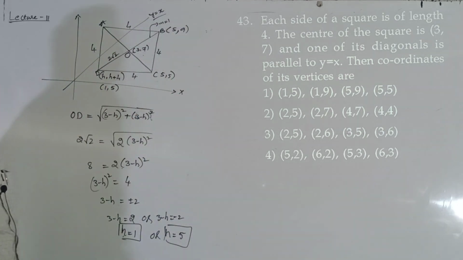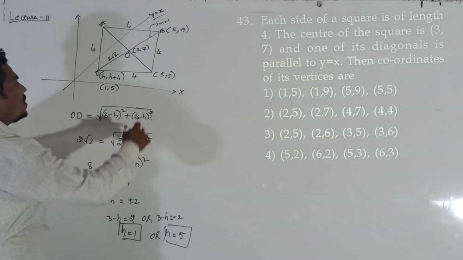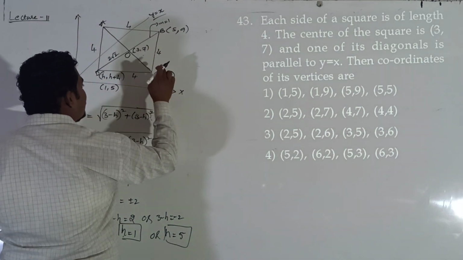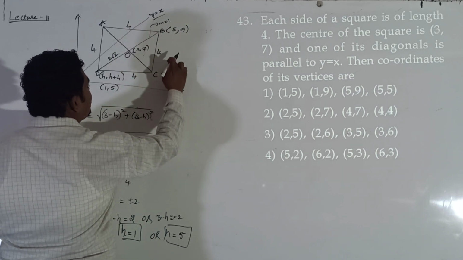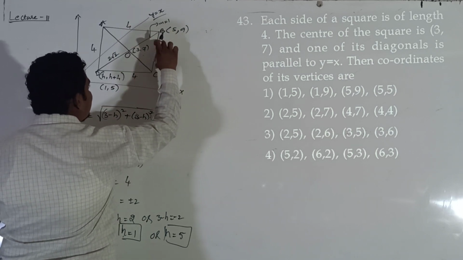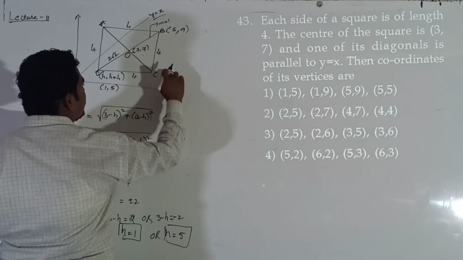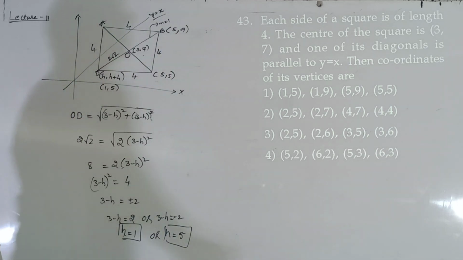And line BC is parallel to the y axis. Once it is parallel to the y axis, the x coordinate is the same, so here also 5, here also 5. Here 5 comma 5 is there, so for the y coordinate just add 4 units because this length is 4 units, then the coordinate is 5 comma 9.